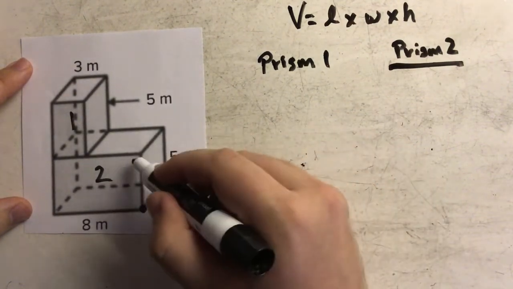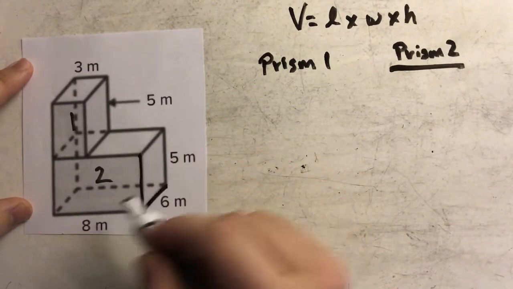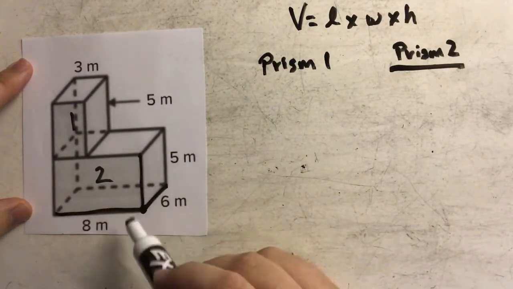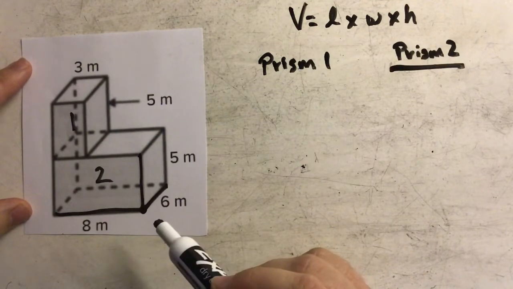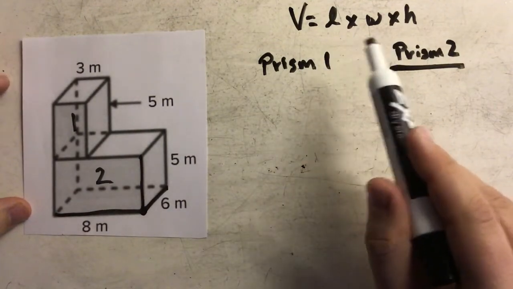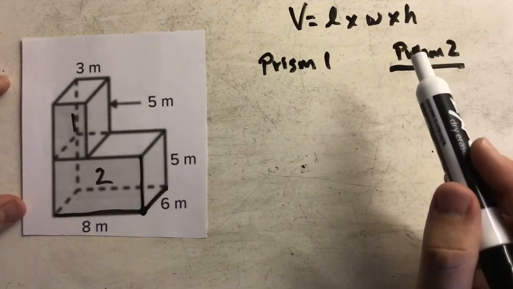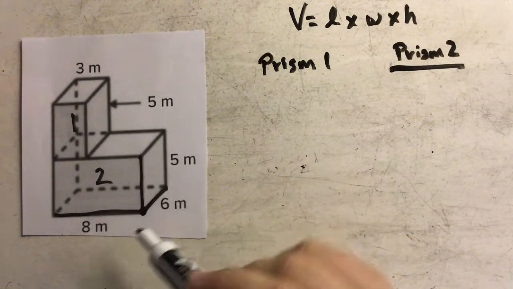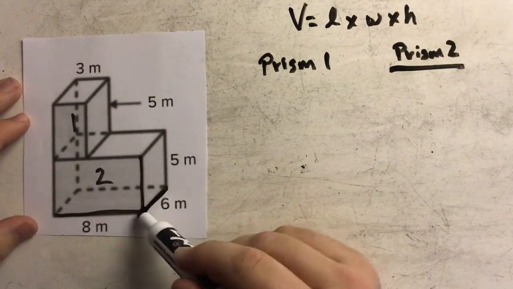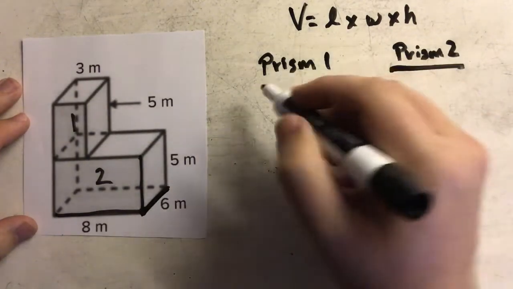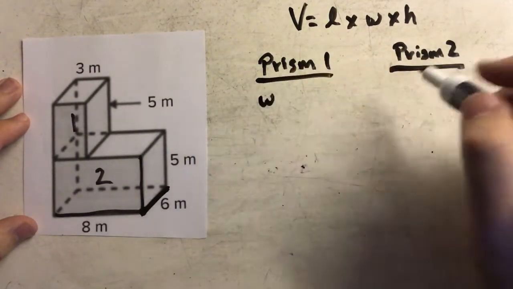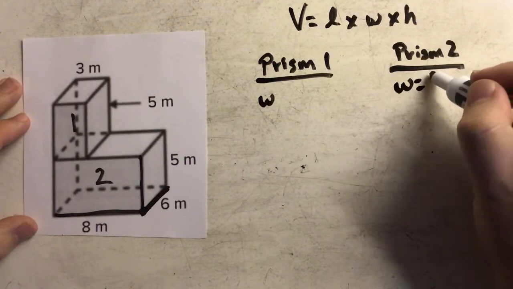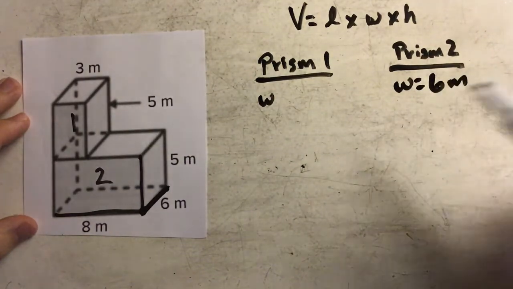I notice that I have 1, 2, 3 lines that all meet at that point, and those 3 lines are the length, the width, and the height. It doesn't really matter which one is which, as long as you can identify all 3. So if this was the width, we would say that the width for prism 2 is equal to 6 meters.